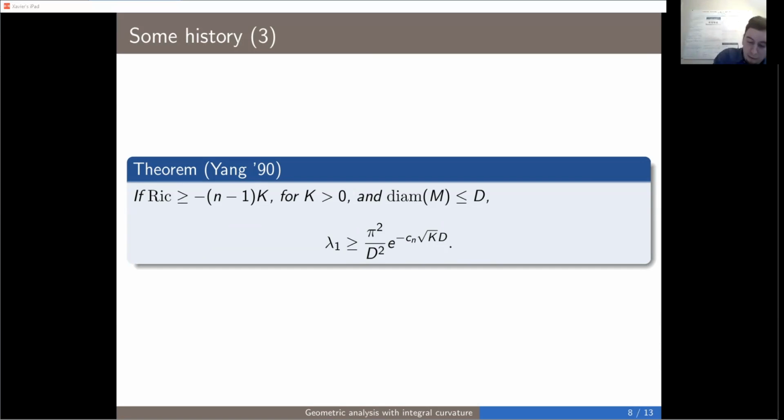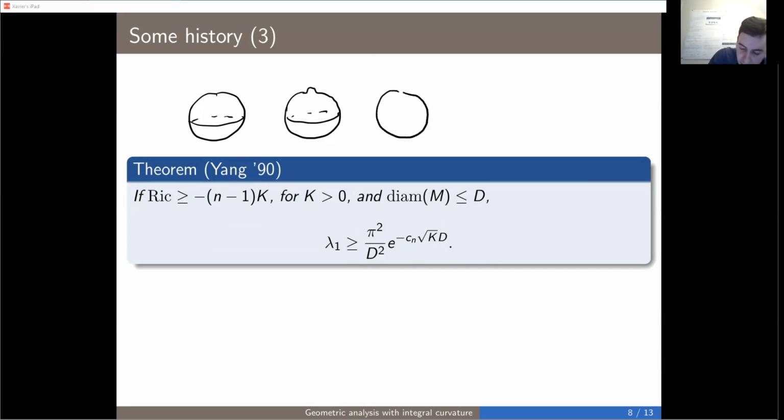So imagine that for example, you have a sequence of spheres. Okay, you start with a sphere, and then you start pinching that sphere in some very small region. Okay, and so you consider this sequence of increasingly pinched spheres, and you want to see what's happening there, right? Now, all these spheres are compact, and so because of this, you're going to have a lower bound on the Ricci curvature, right?